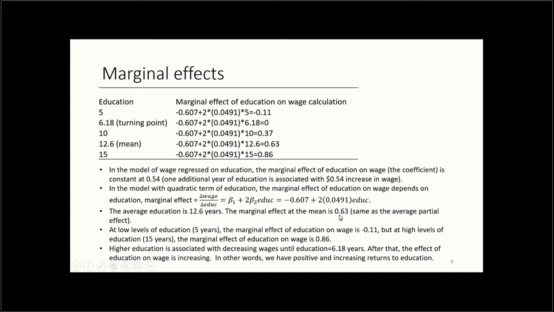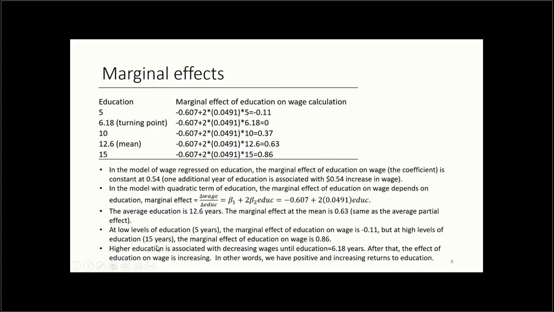So notice how now we're saying that for the mean person, the average partial effect is 0.63. So for one additional year of education, salary would increase by $0.63. And that would be happening at the average education for a person.